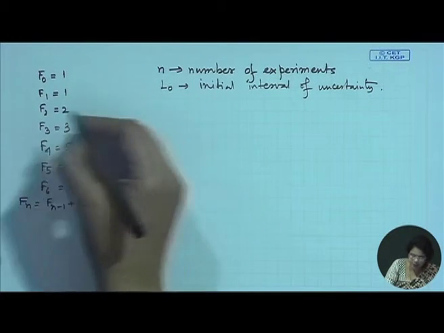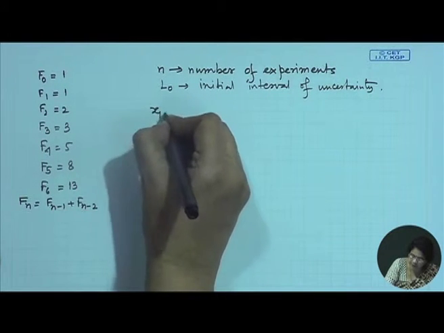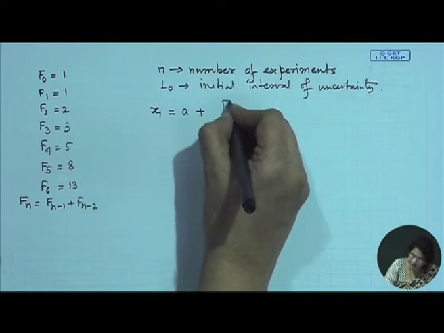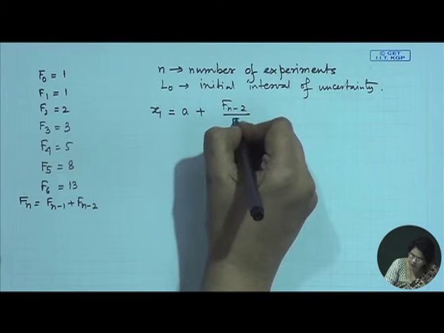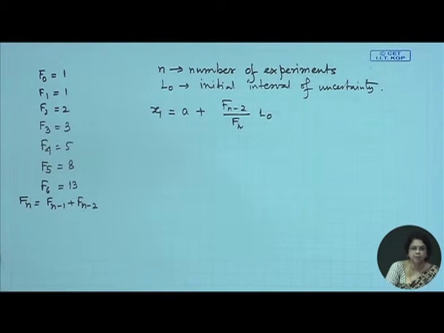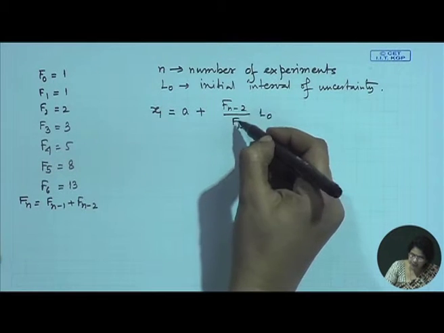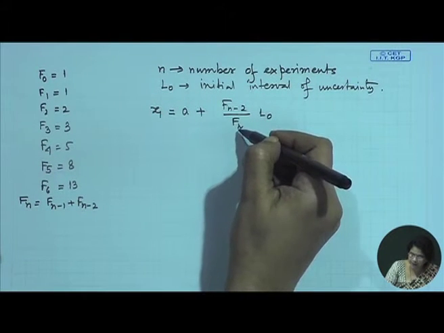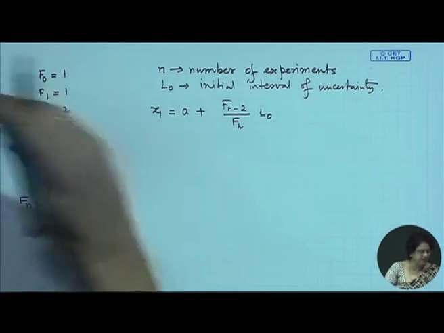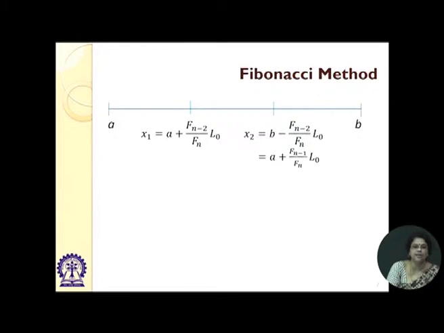Now the first point x1 is equal to a plus Fn minus 2 divided by Fn into L0. If I have to do 6 experiments, then it would be F4 by F6 into L0 plus a. This is my x1. Okay. I will go to x2, because at the initial level I will find two approximations at a time. After that I will do one at a time.